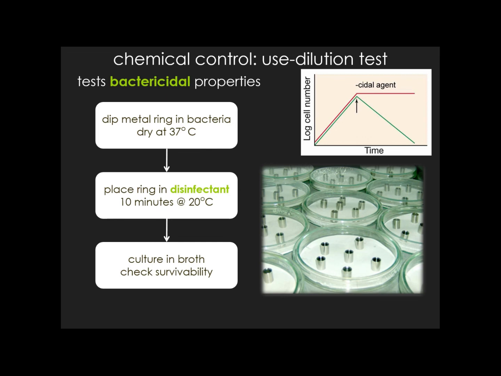Then that ring that has the dried organisms attached to it is placed in the disinfectant for 10 minutes at 20 degrees Celsius, and then it's removed and put into broth without disinfectant in order to see whether it survived the disinfection for 10 minutes. So if it survived, then this agent is not bactericidal. If it doesn't survive, the agent was bactericidal.